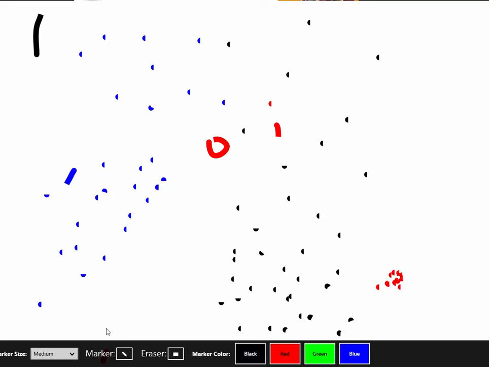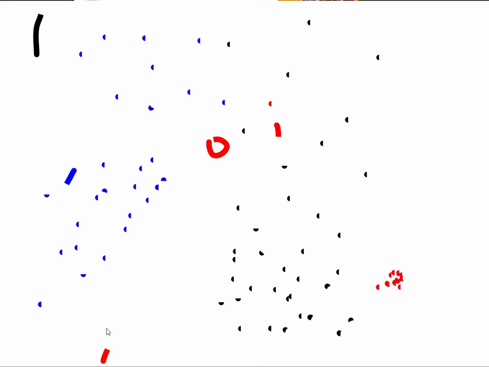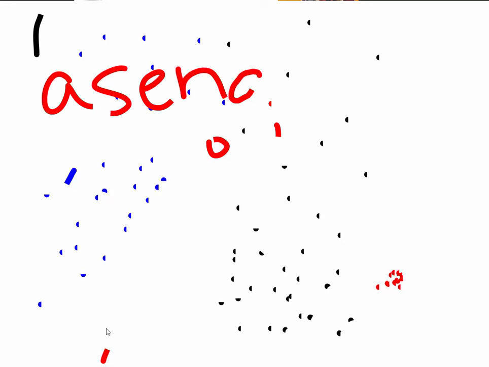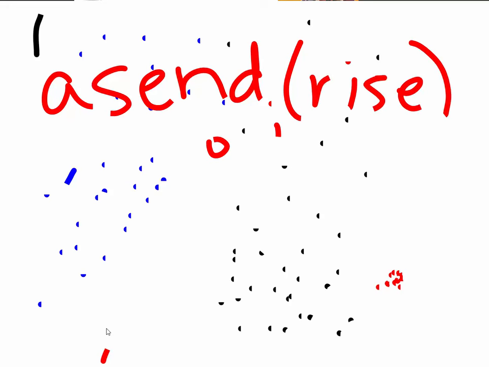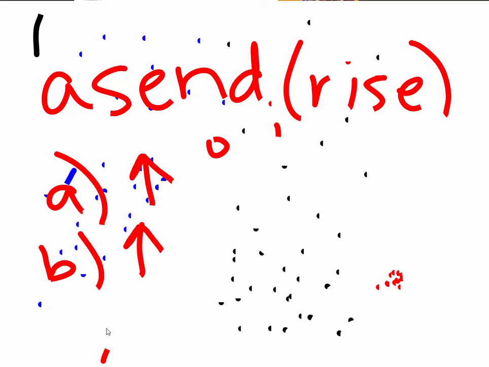Right, so let's say that we're studying the Earth and we find that in this area you have an ascending air parcel. Ascending means to rise, right? Would you expect temperatures to increase, decrease, or stay the same as an air parcel rises?